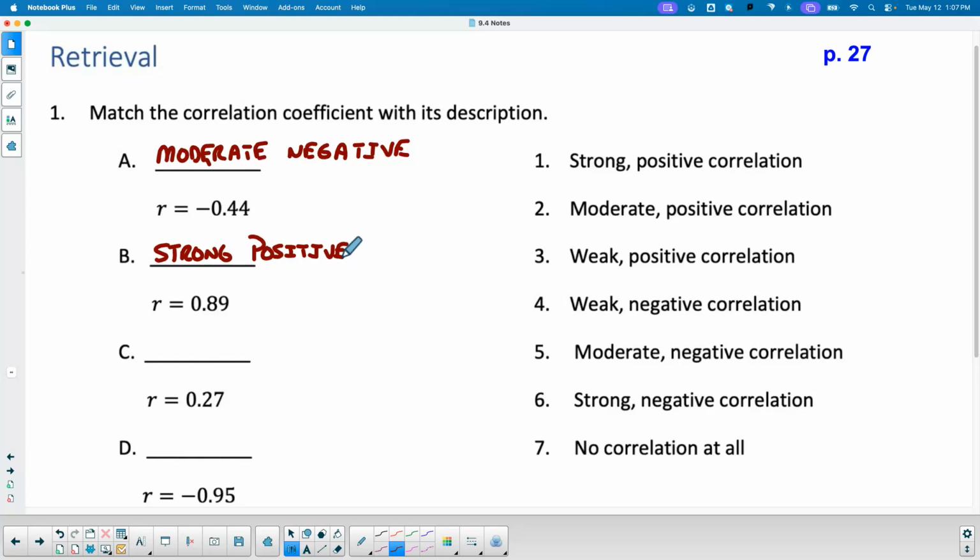Weak positive? And D, negative 0.95. Strong negative.